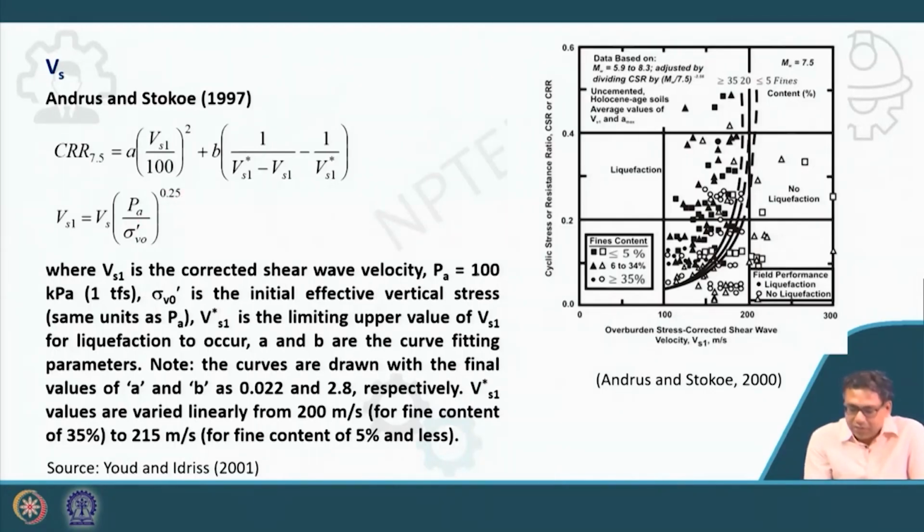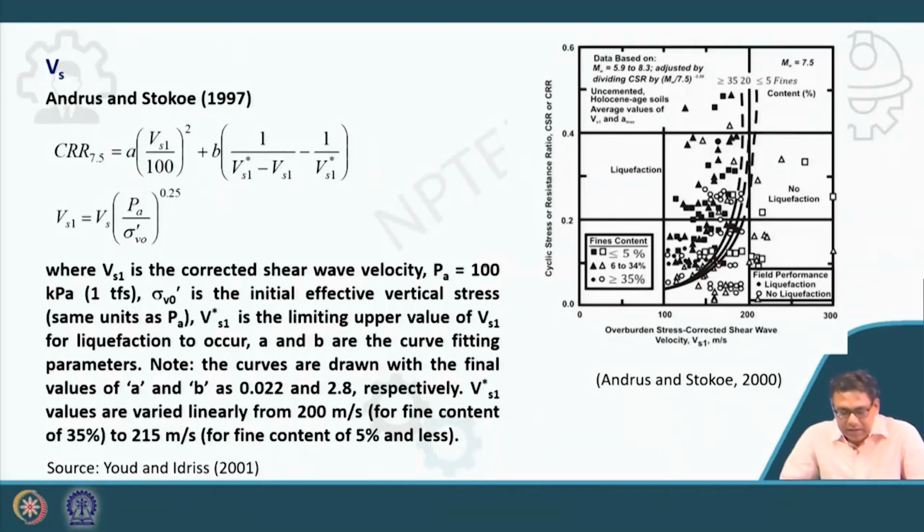Okay. So Pa is equal to 100 kPa or 1 ton per feet square. Sigma V0 is the initial effective vertical stress or overburden pressure. The unit of sigma V dash and Pa should be the same.